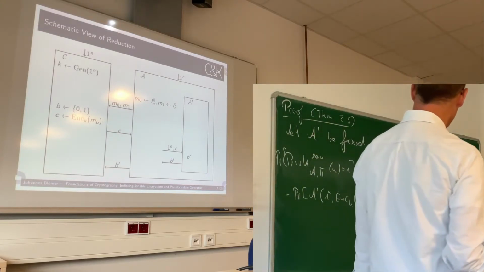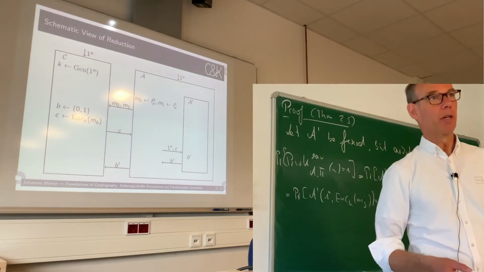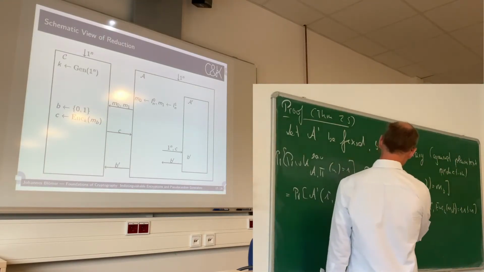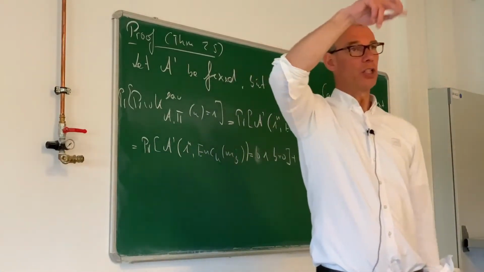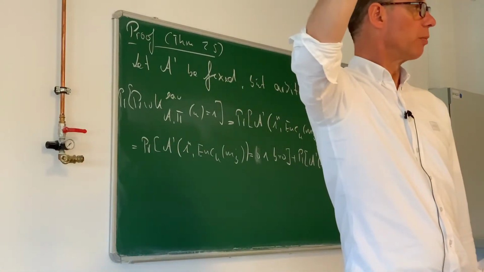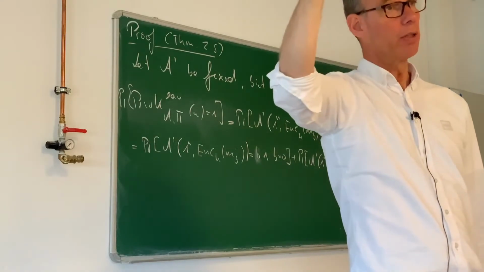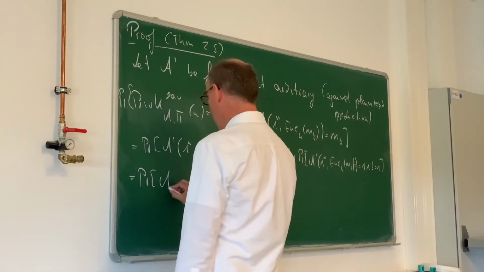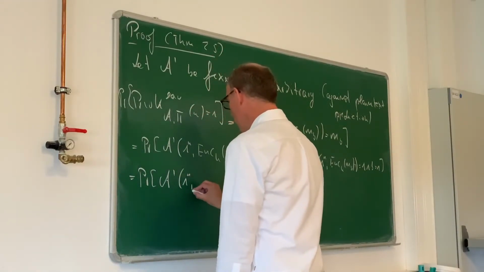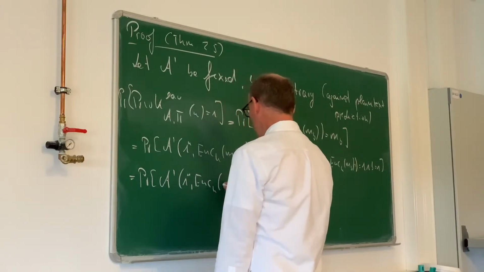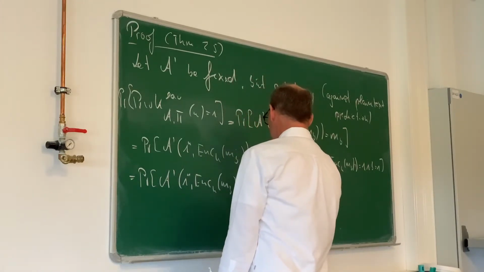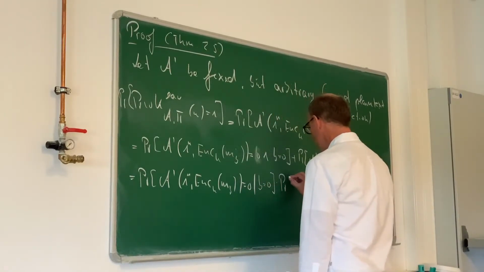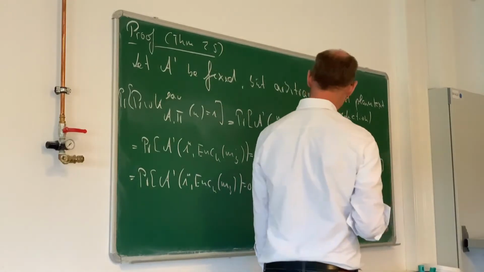The next thing, again, don't think about it too much because I'm just using conditional probabilities. So I replace this conjunction by conditioning and multiplying by the probability of B being 0. So this is simply the probability that A prime on 1 to the n and encryption of K of MB is 0, conditioned on B being 0, times the probability of B being 0.